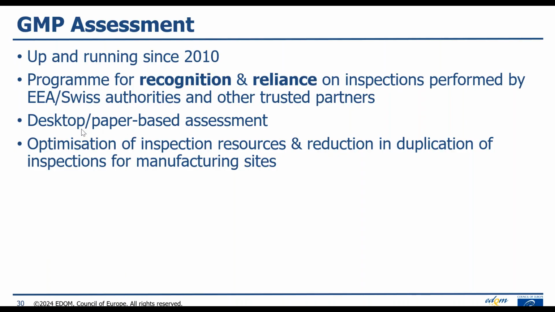It's a desktop or paper-based assessment, and ultimately the benefit of this approach is that we can optimize inspection resources and reduce the duplication of inspections of similar manufacturing sites of interest.